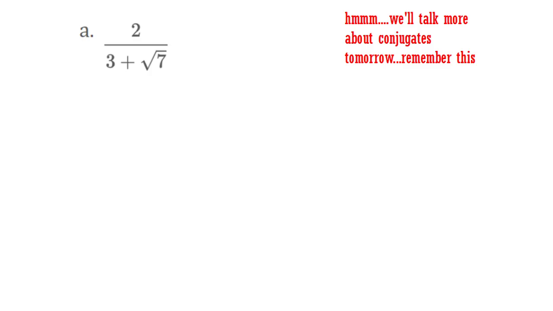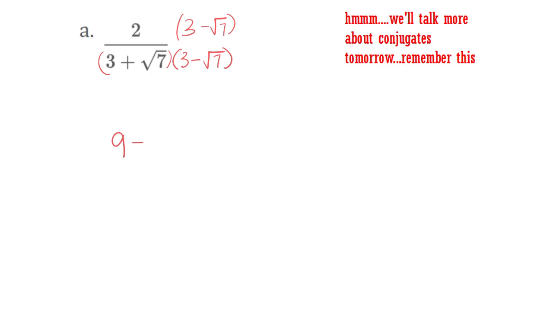What we want to do is we want to multiply by the conjugate. The conjugate, remember, is going to be the identical same binomial, but with a different sign. So it's going to be 3 minus square root of 7. Also do the numerator, 3 minus square root of 7. In the denominator, I'm going to FOIL. 3 times 3 is a 9.